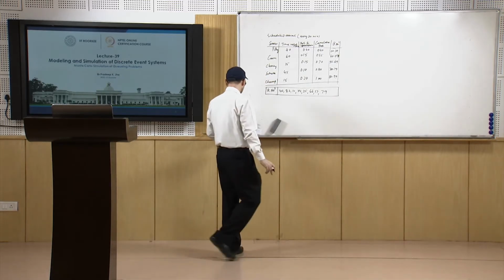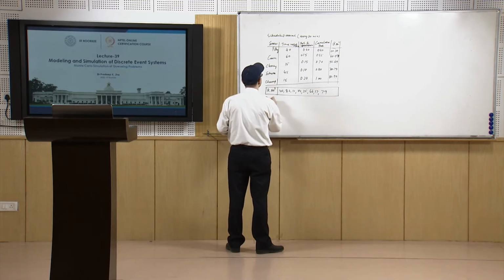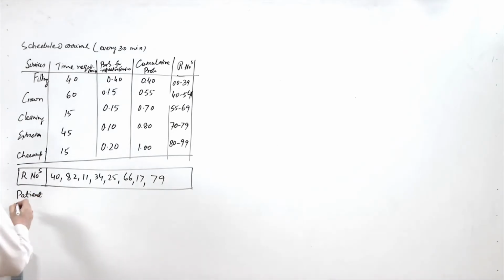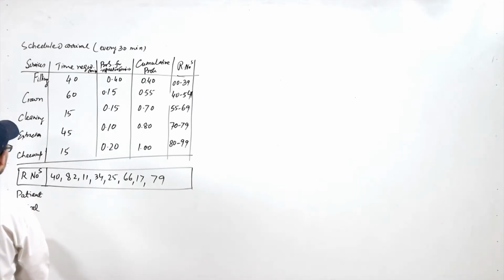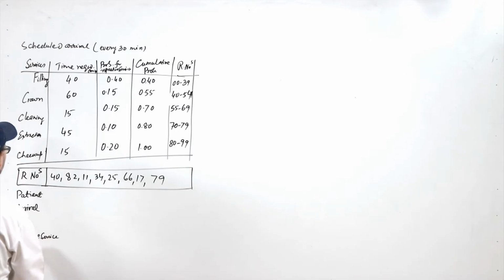So, we will have the patient here, and then his arrival, and then the random number. Further, we will have the category of service and service time.